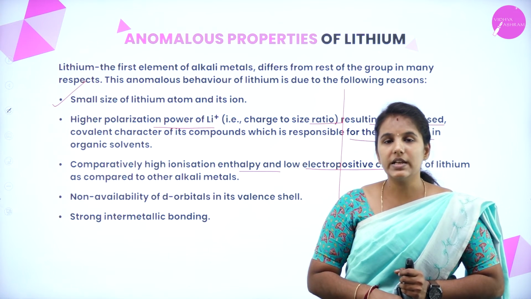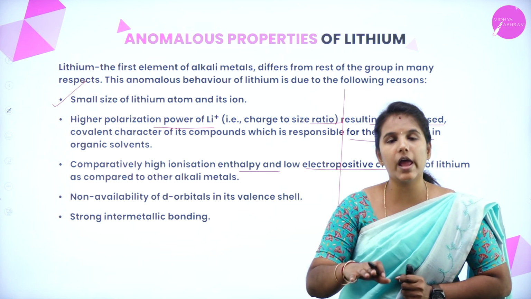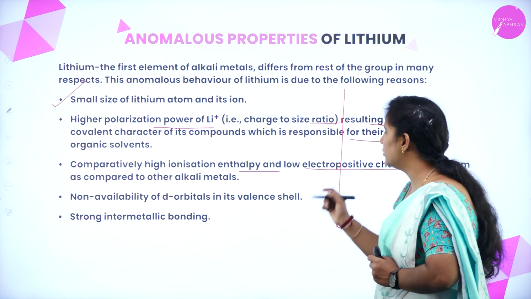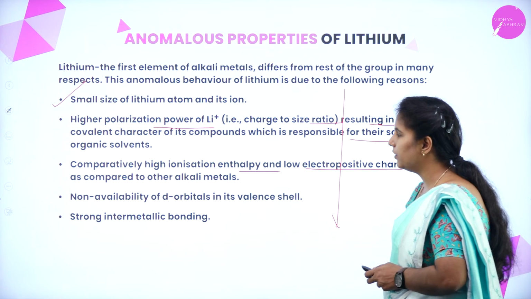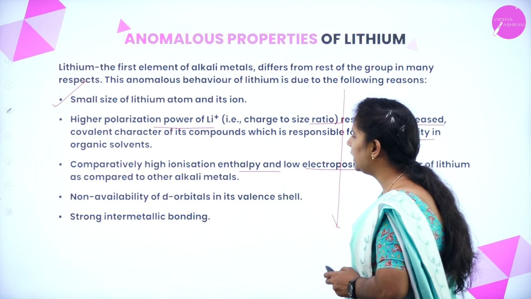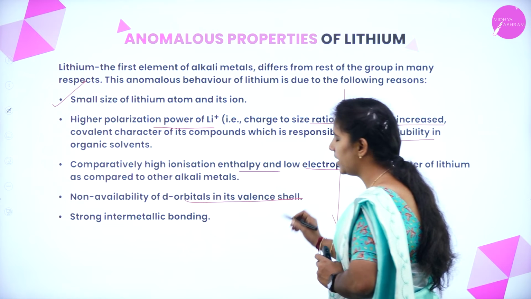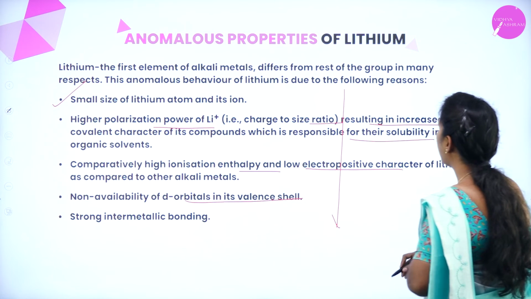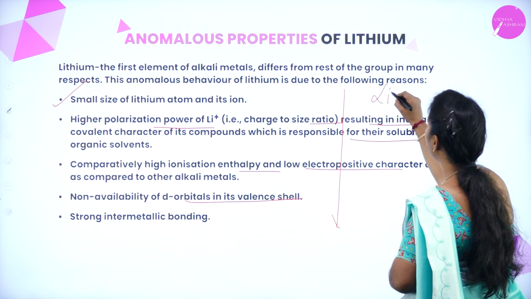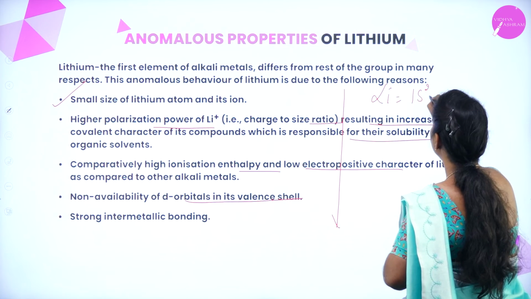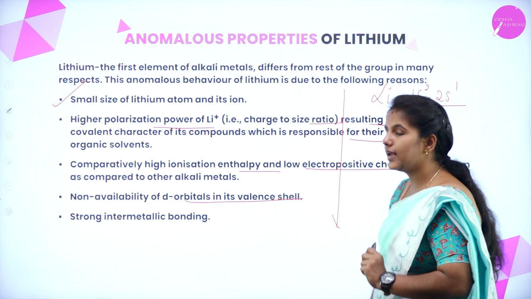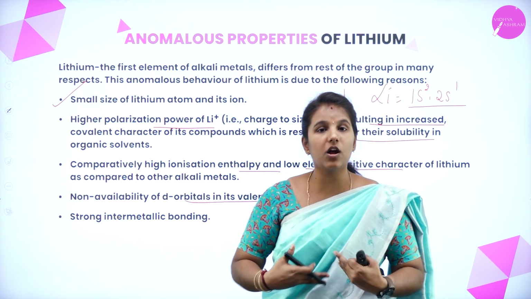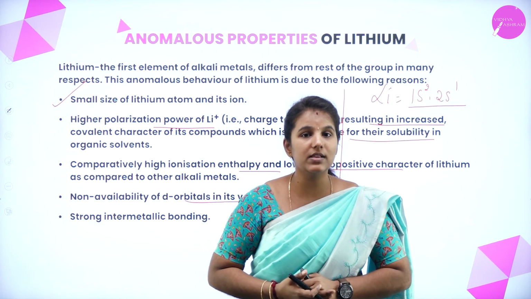So this indicates a very low ionization energy and also a very low electrode potential value. And there is non-availability of d orbitals in its valence shell. We know that the electronic configuration of lithium is written as 1s2 2s1. So it stops at only the s orbital. There are no d orbitals in its valence shell.